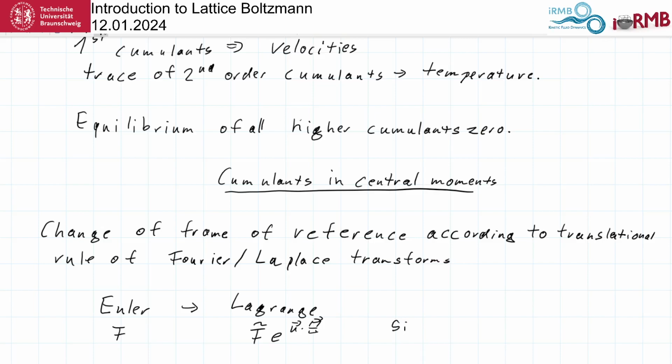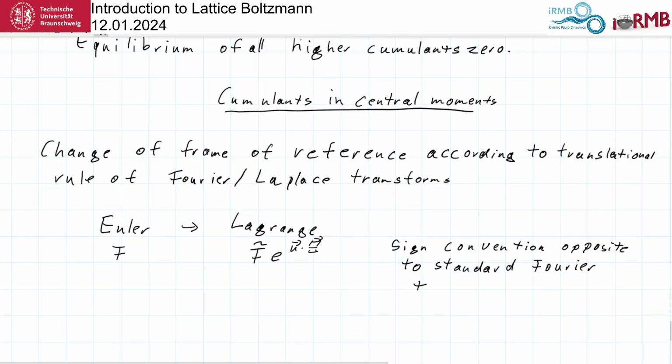We have to take into consideration that the sign convention of the Laplace transform that we are using is opposite to the standard Fourier transform, which is kind of annoying, but this is the way it is. So it's actually more like an inverse Fourier transform.